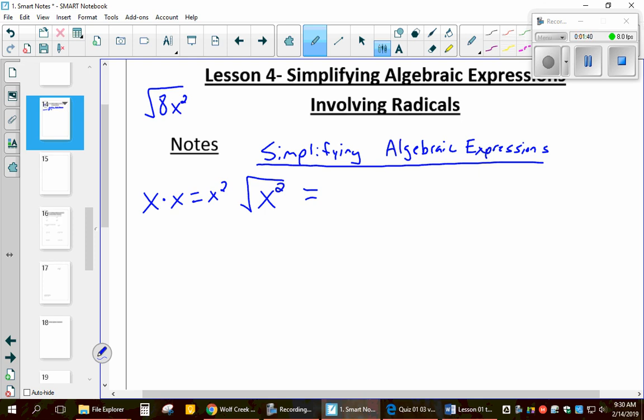Just x, right? It would be the same thing if I went 3 times 3 is equal to 9. So the square root of 9 is equal to 3. You just get that out. Another way of thinking about that is if I've got the square root of something squared, they just cancel each other, right? So you would end up with just x.